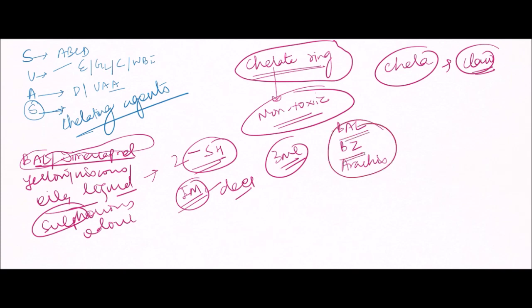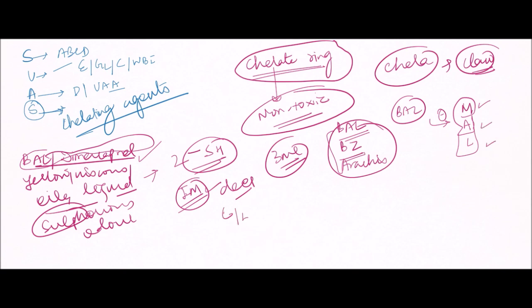These are the three constituents of the ampule. British anti-lewisite is the antidote in poisoning by mercury, arsenic and lead.